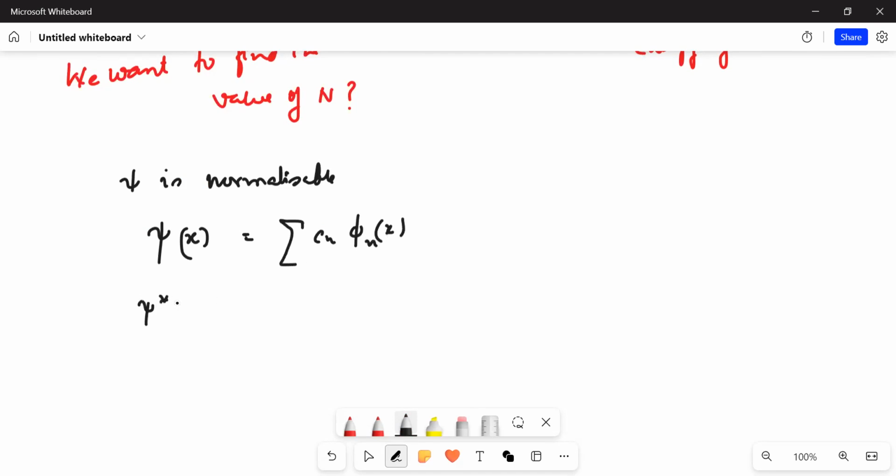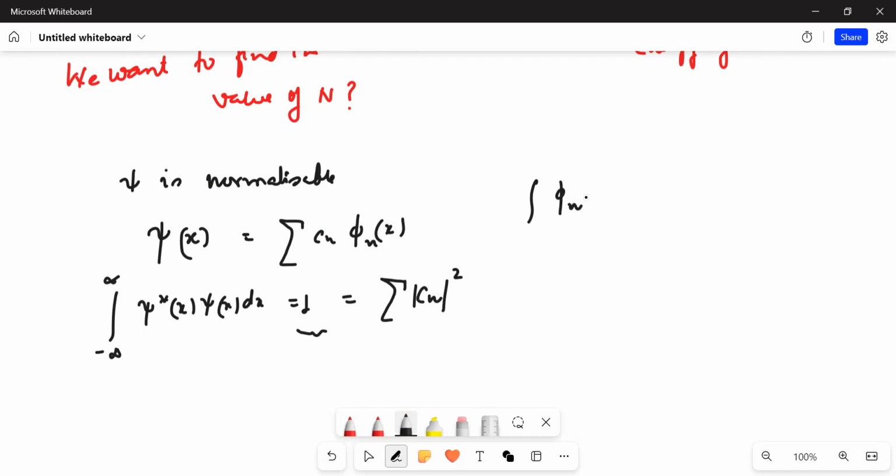Then the normalizability of psi star(x) psi(x) would imply that the summation of mod c_n whole square should be equal to 1, because after all, these energy eigenstates phi_n are orthogonal to each other.